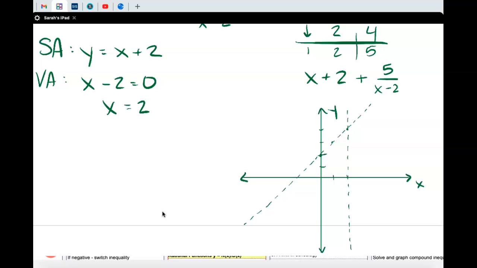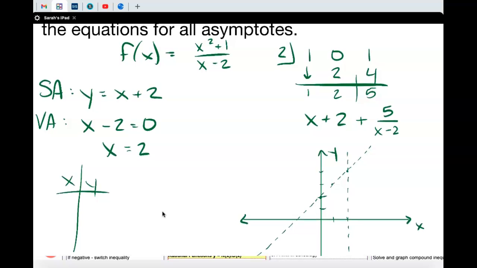So we just have to figure out where they are by plugging in values for x. So what do you want to plug in for x? 2. Zero gets out. So yeah, definitely in the quadrant that I don't have enough space for. Fantastic.